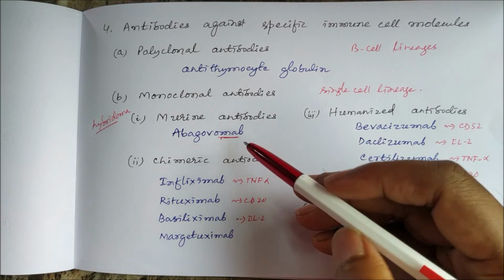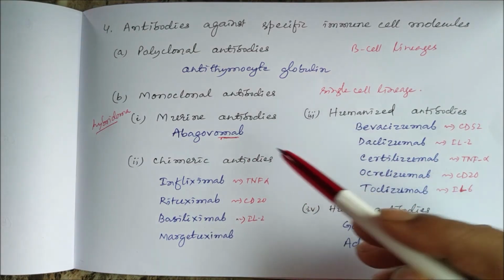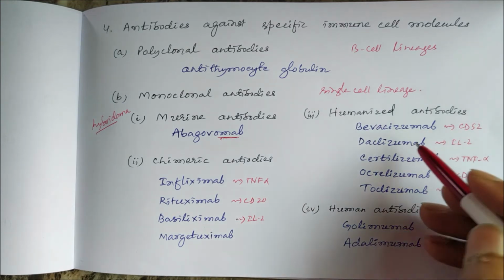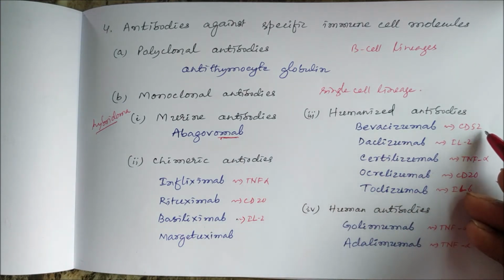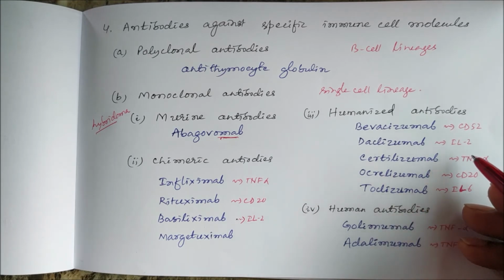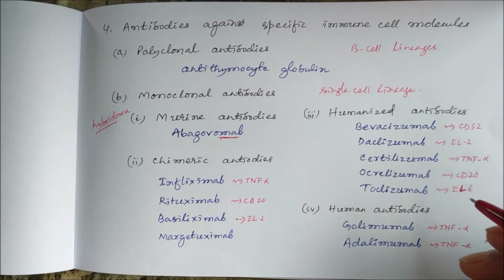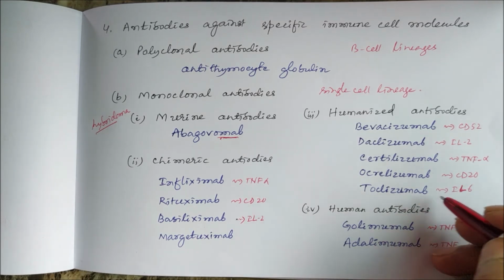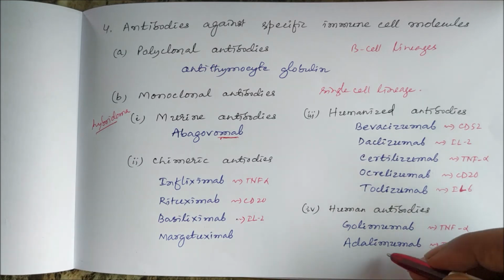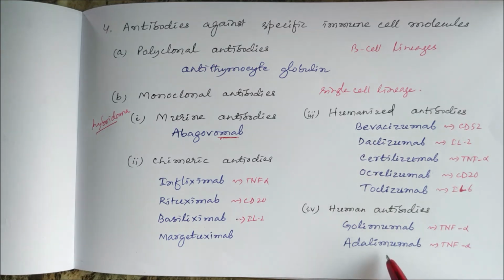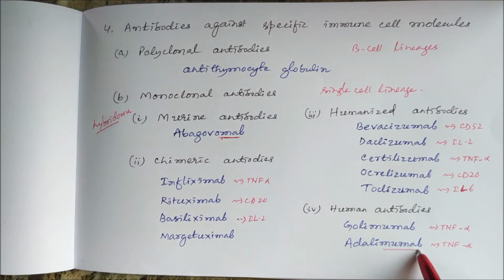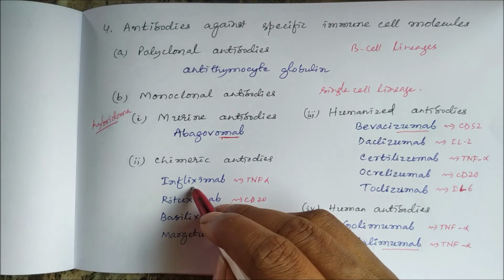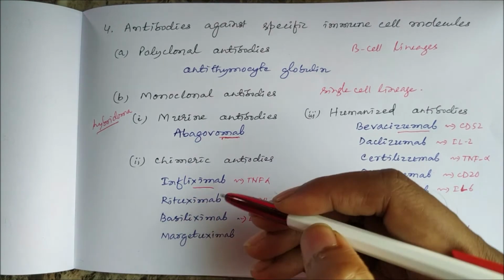So we have different monoclonal antibodies which can target specific cytokines. For example, alemtuzumab targets CD52, daclizumab targets interleukin 2, certolizumab targets TNF alpha, tocilizumab targets interleukin 6, adalimumab. Human antibodies are represented by mumab, humanized by zumab, and chimeric by ximab.